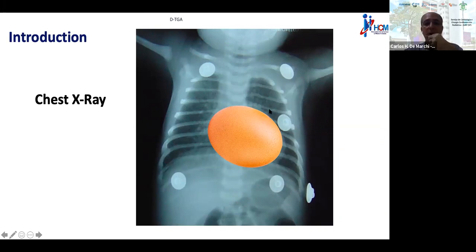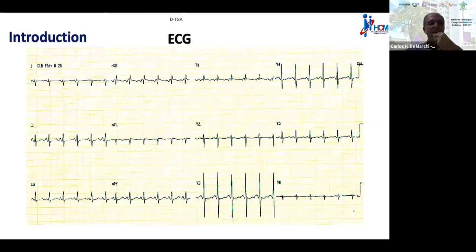The lung is normal, and to see the pulmonary vascularity, that is quite small in this newborn. And another detail: the upper mediastinum is quite narrow. The narrow mediastinum and the egg-shaped cardiac silhouette, we have to think of transposition of the great arteries.